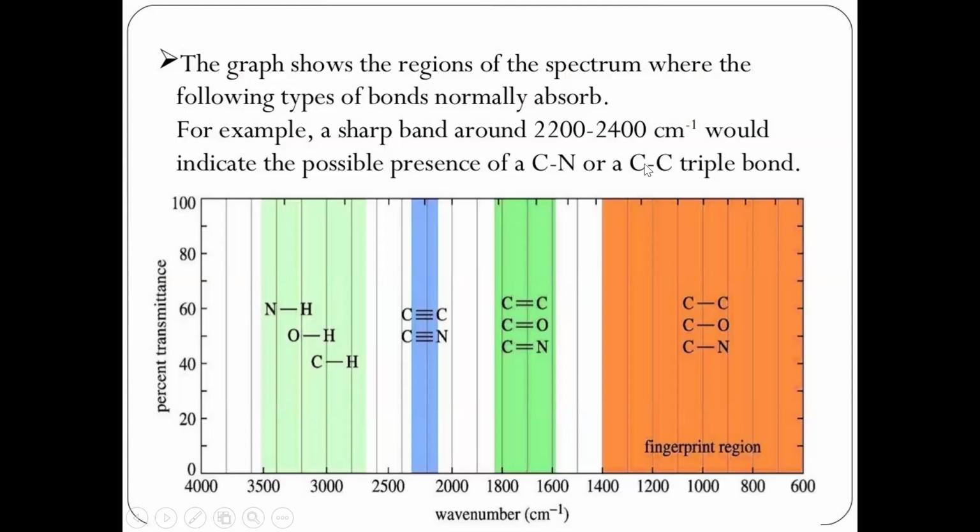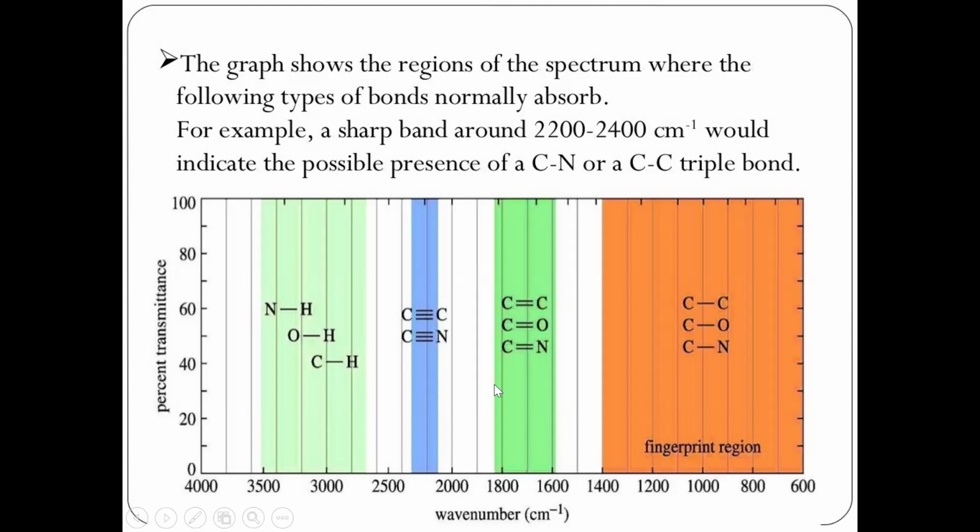So these are the wave number values corresponding to the absorption bands of different functional groups. The sharp band around 2200 to 2400 would indicate the possible presence of C triple bond N or C triple bond C. The C triple bond C and C triple bond N absorption band is observed in this range.